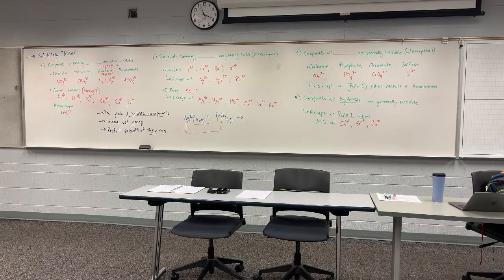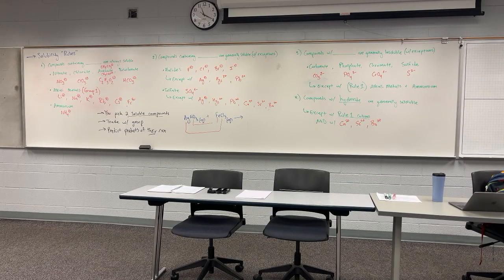Lithium bicarbonate and rubidium nitrate. Now, luckily, all of these are 1+ and 1- ions. Lithium, always soluble, so even in the product, aqueous. Nitrate, always soluble, so even in the product, aqueous.